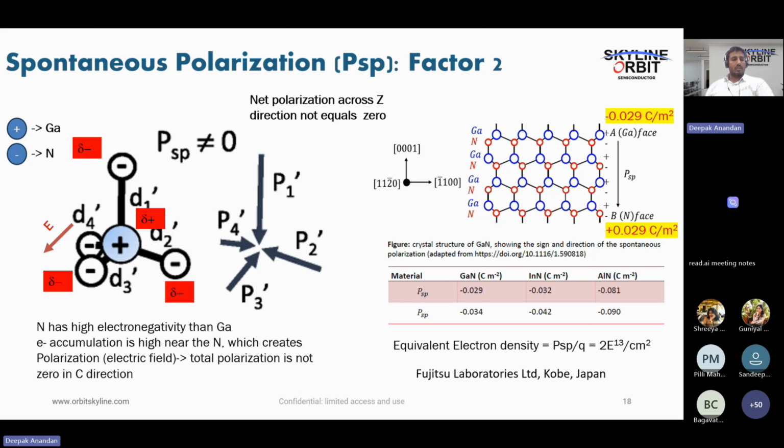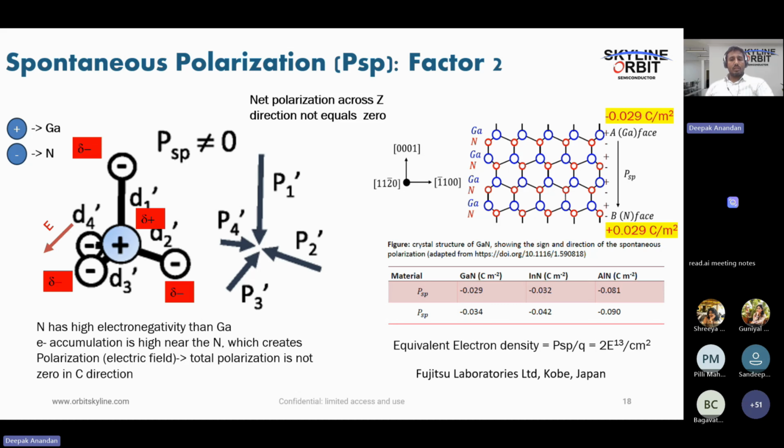Nitrogen has more electron cloud compared to gallium. So there will be an electric dipole from positive to negative. The electric field forms in this direction, and opposite to the electric field will be the polarization field.